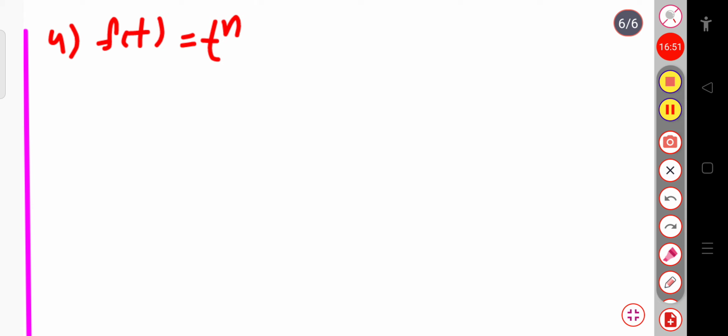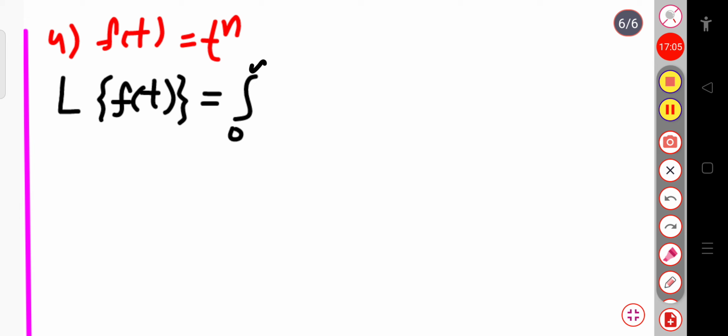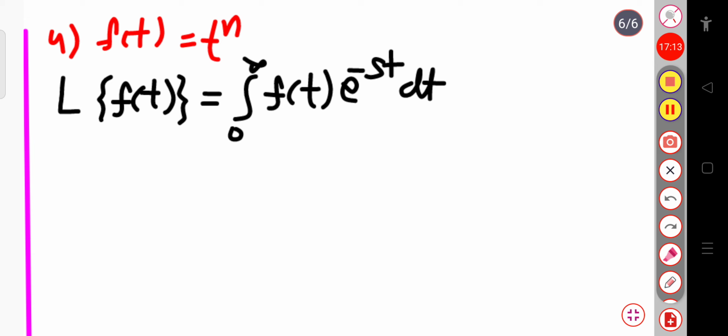Now the Laplace transform of f of t, first I will write the formula, that is equal to 0 to infinite f of t exponential minus st into dt. This is equal to integration of 0 to infinite, in place of f of t we will put t power n into exponential minus st into dt.